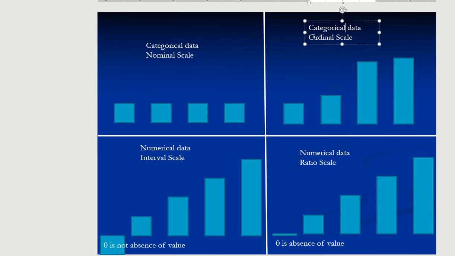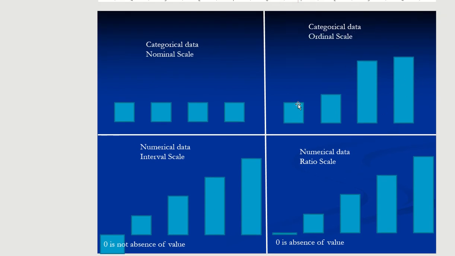With categorical data ordinal, there is a rank. However, as you move from one rank to the other rank, it's like you're climbing up stairs. The stairs that you're climbing up are not of equal distances. One stair could be much, much higher than the other stair. Okay, as I'm trying to show here in this graph.